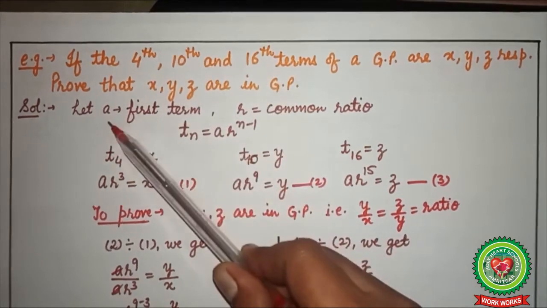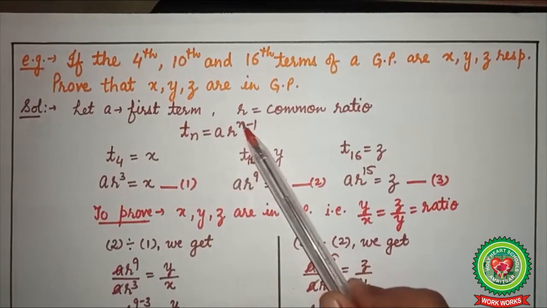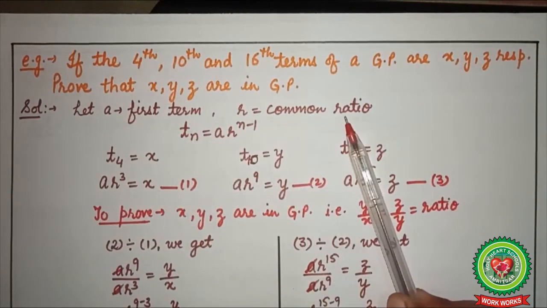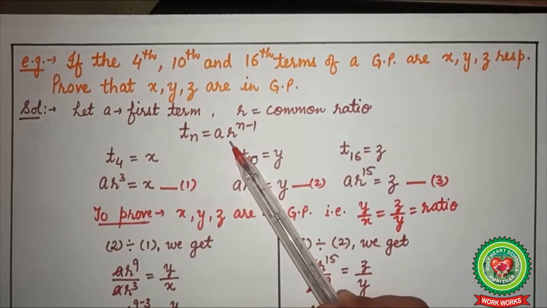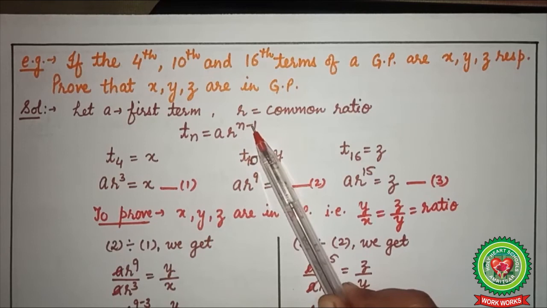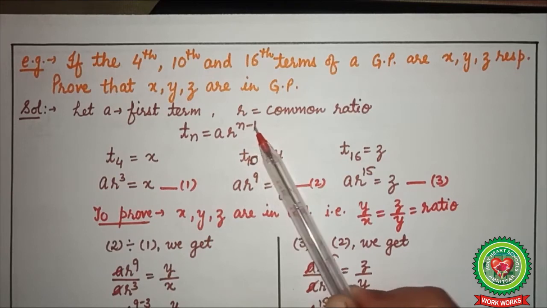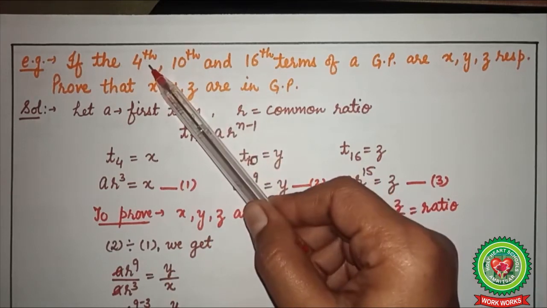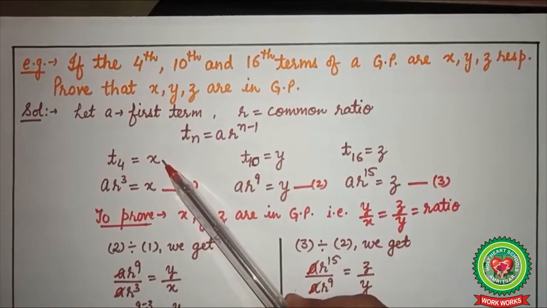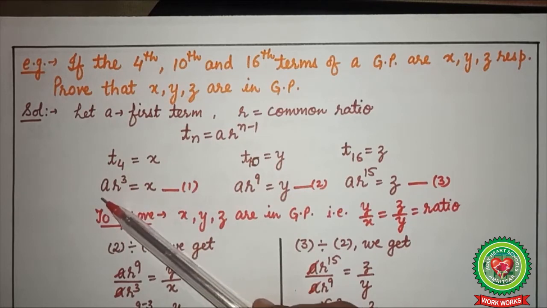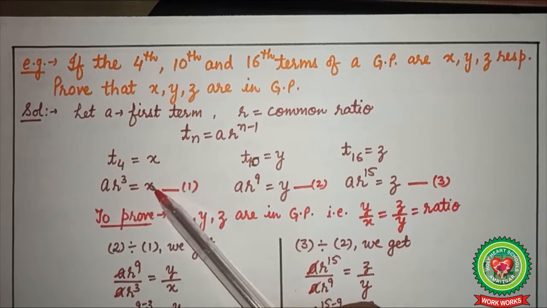So, let A be the first term and R the common ratio, and the general term formula we know is Tn is equal to A multiplied by R raised to power n minus 1. Now firstly, the 4th term is x, so T4 is equal to x. Put the formula, that is AR cube is equal to x.